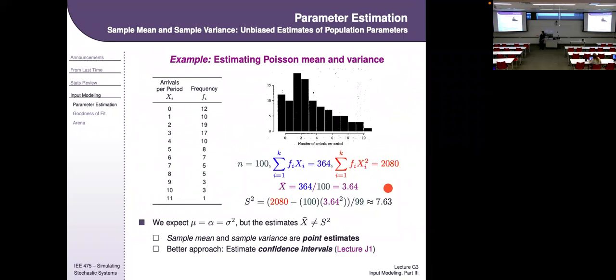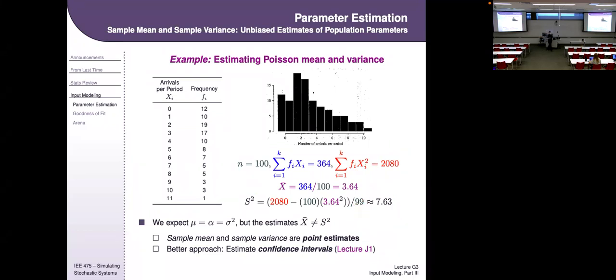That gives me this number. Then I've got this little formula here, divided by 99, not 100. It gives me my sample variance. If I take the square root of that, that gives me my sample standard deviation. So that is how I can estimate these two things from these data. Any questions about any of these? Hopefully this is pretty much review, the sample mean and sample standard deviation, with the 99 being the weird thing here.